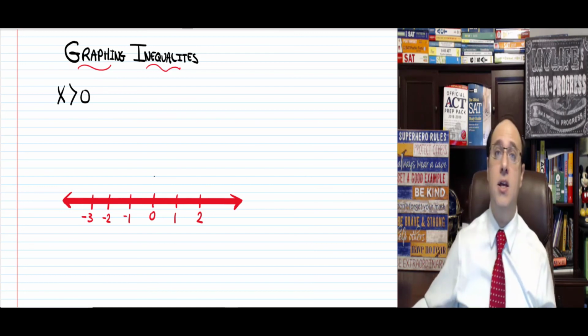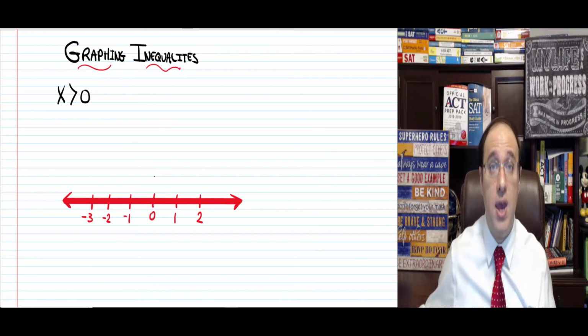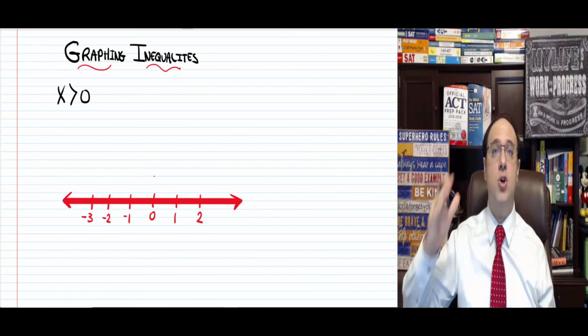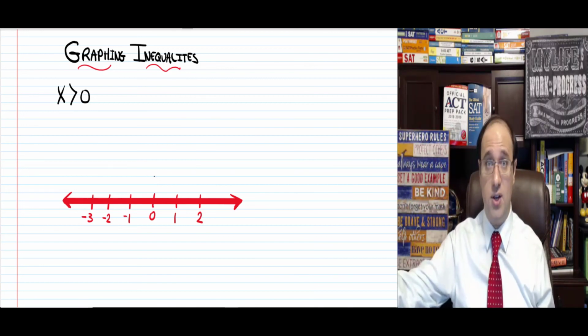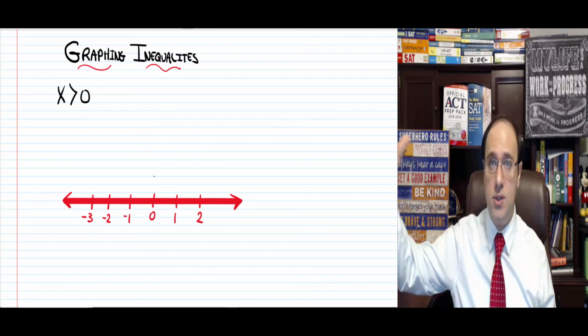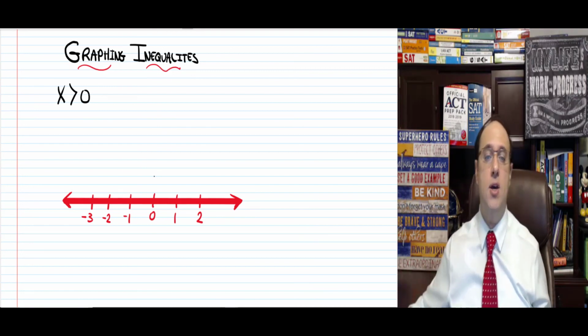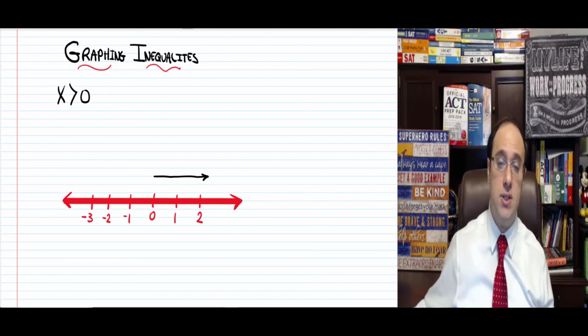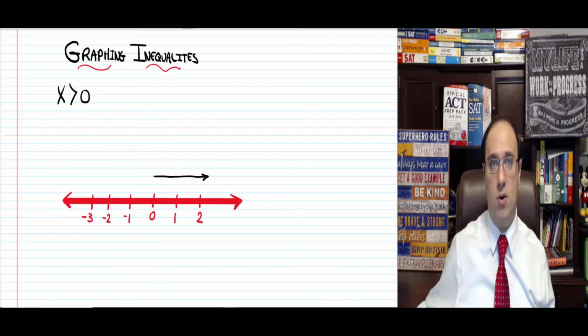You draw a line either to the right or to the left. If it's greater than 0, that means it is bigger than 0. So it's 0? No, it's not 0. It's bigger than 0. So it's 1, 2, 3. So we draw the line like this, and we put an arrow. This means that the value of x is greater than 0.